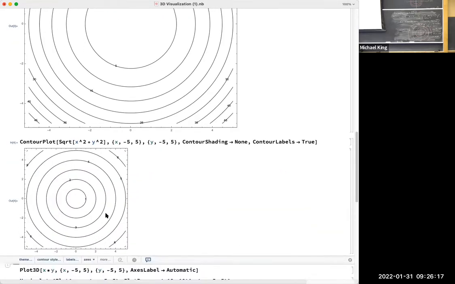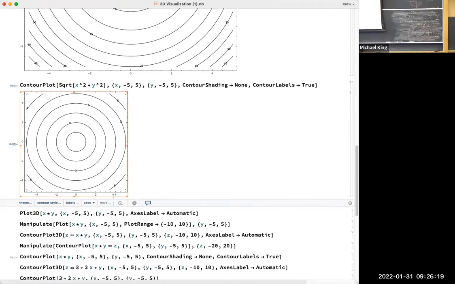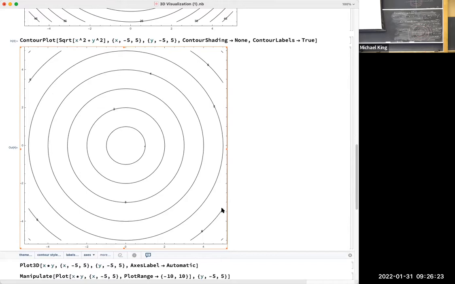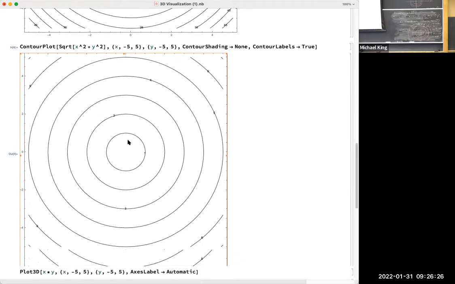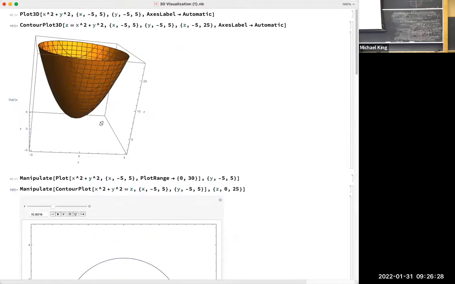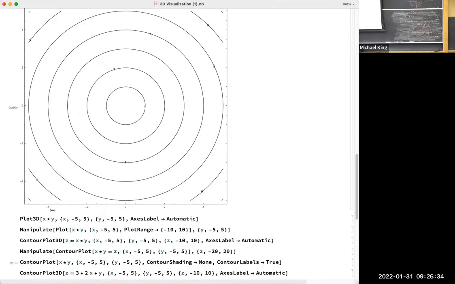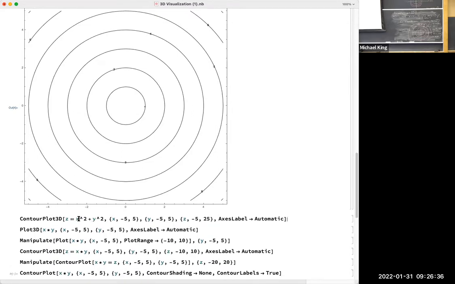So yeah, these are no longer getting closer together, right? And if we actually plotted the 3D version of this, just so we really see it.